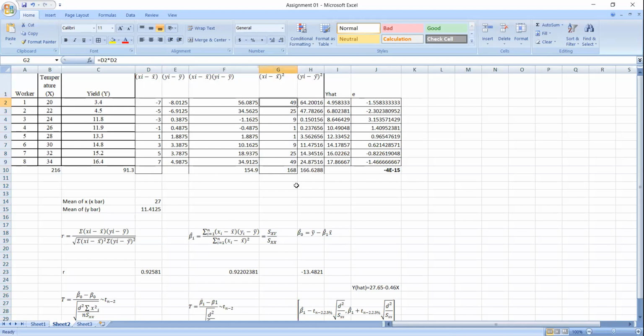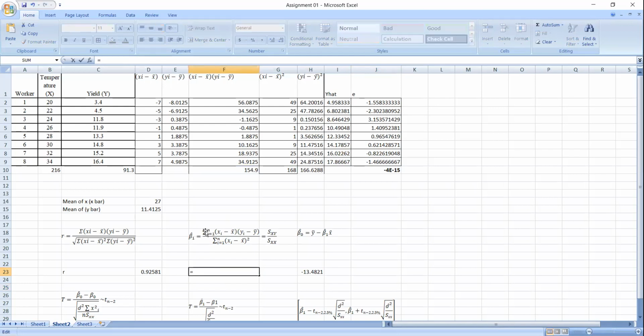In the first case, we want to find the fitted regression line. This is the equation of beta 1 hat.